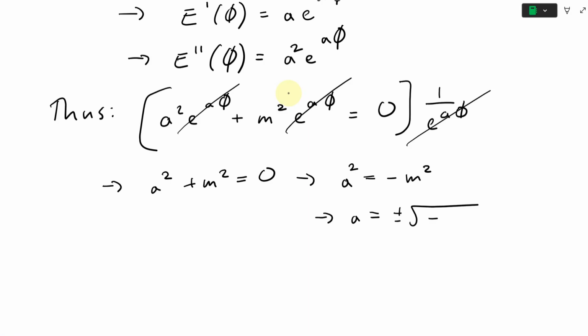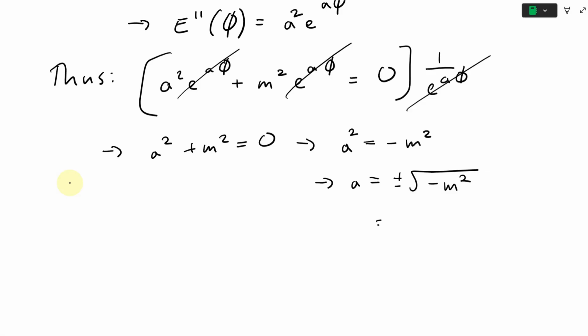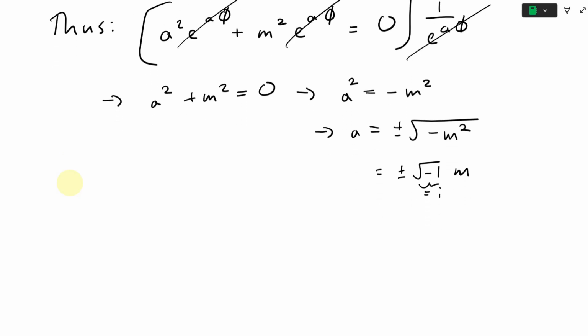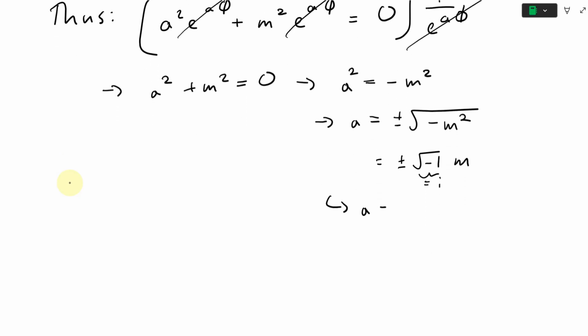So this is going to be negative 1 times m squared. So this equals plus or minus the square root of negative 1 times m. The square root of m squared, just get rid of that, and this is just i. So imaginary number i, which is defined as the square root of negative 1. So in other words, we get a is equal to plus or minus i m.